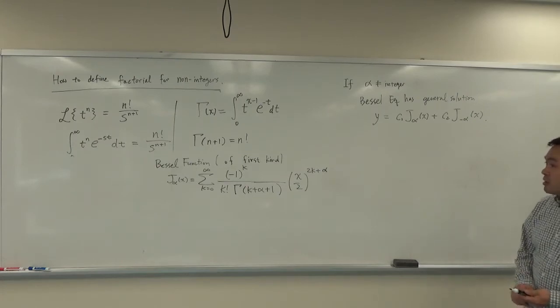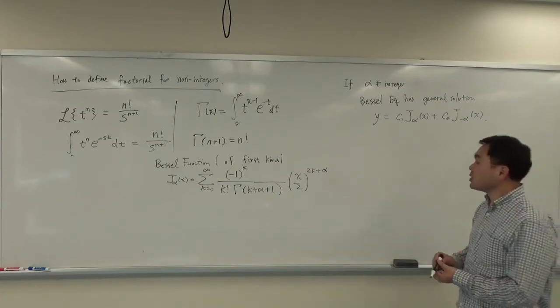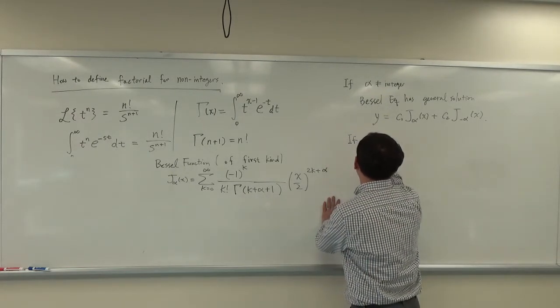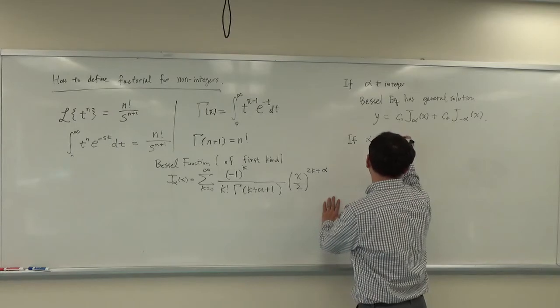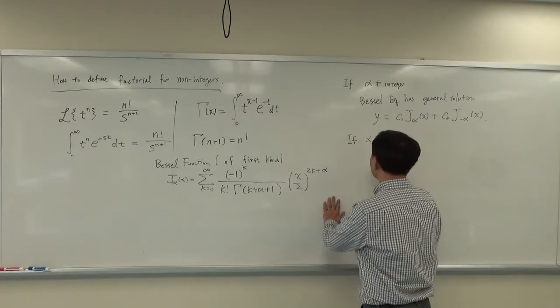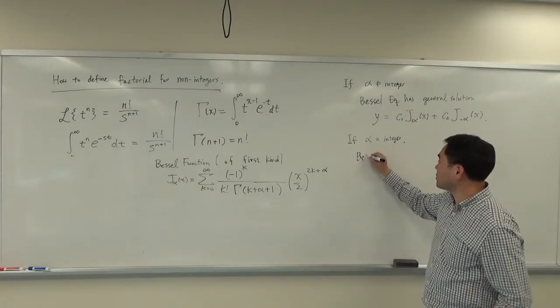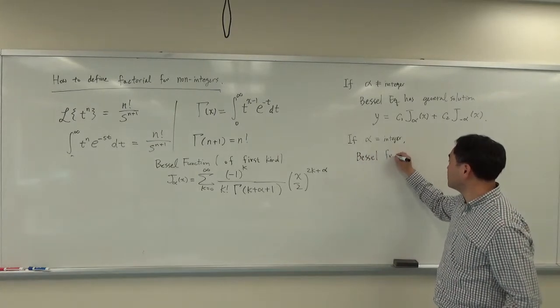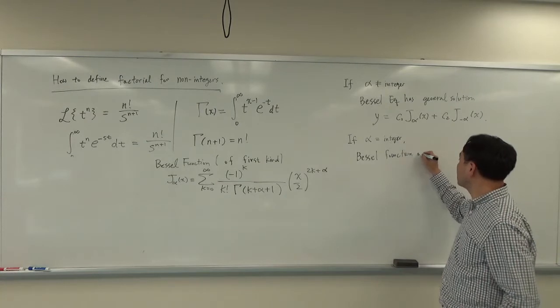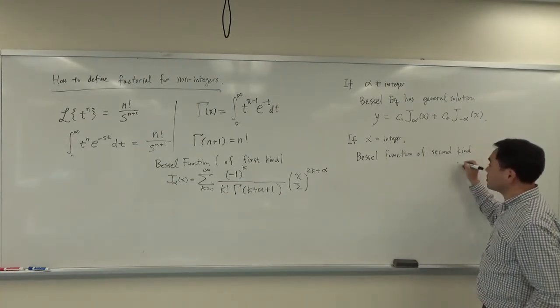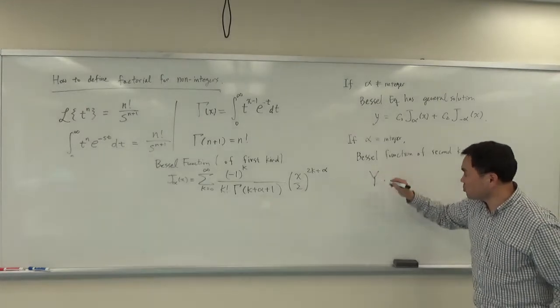is by defining, if alpha is an integer, then we define the Bessel function of the second kind. And people usually use y.